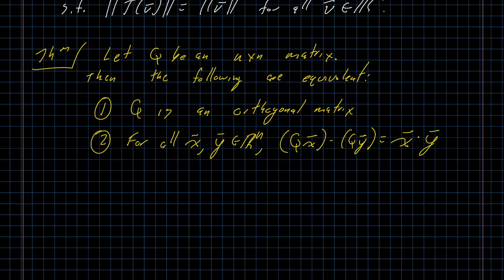For every vector x and y in Rn, the dot product of Qx with Qy is equal to x dot y. That's actually a surprisingly useful result on its own, but mostly it's in here as kind of a placeholder, because the last conclusion, not a surprise, I hope, based on the definition we just gave: Q is an isometric transformation.